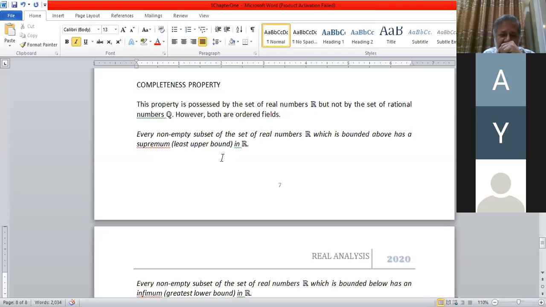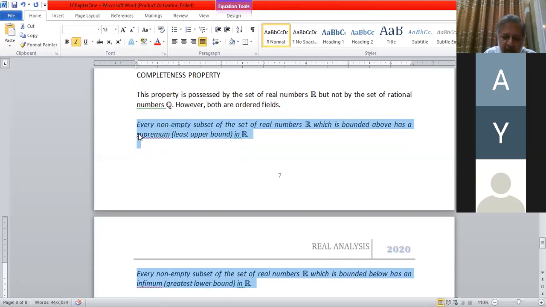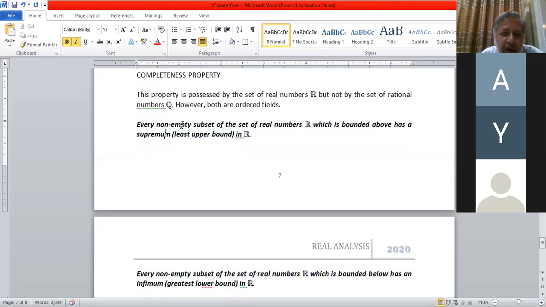Completeness property says that every non-empty subset of the set of real numbers which is bounded above has a supremum in the set of real numbers.